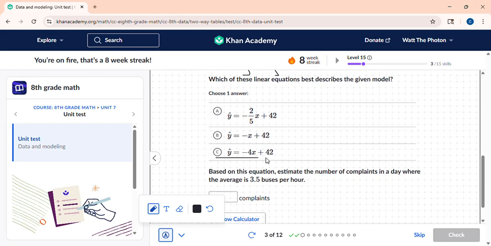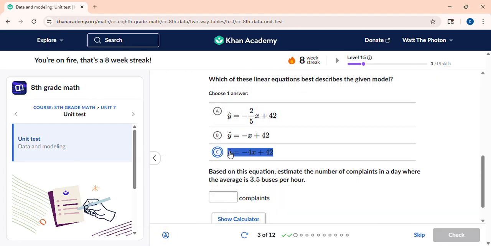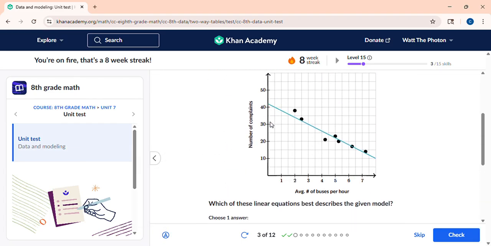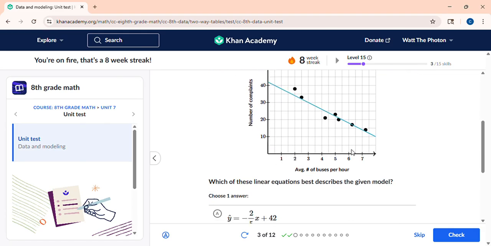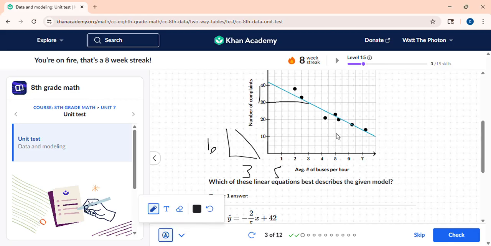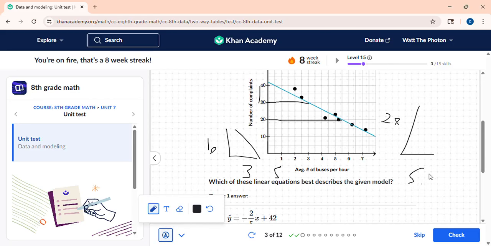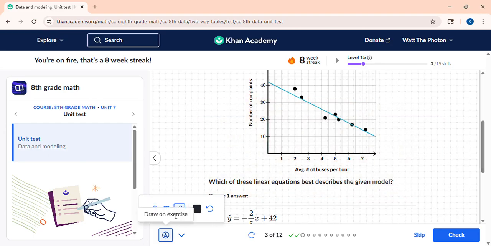It's close to 3.4, plus 42. That makes a lot of sense to me. Let's go down. If we go down 20, that's 5.5. That's 20 over 5.5, which is just about 4. I'm happy with that.